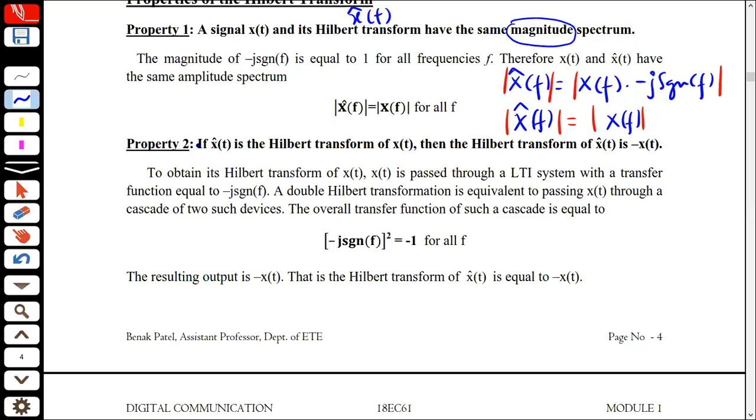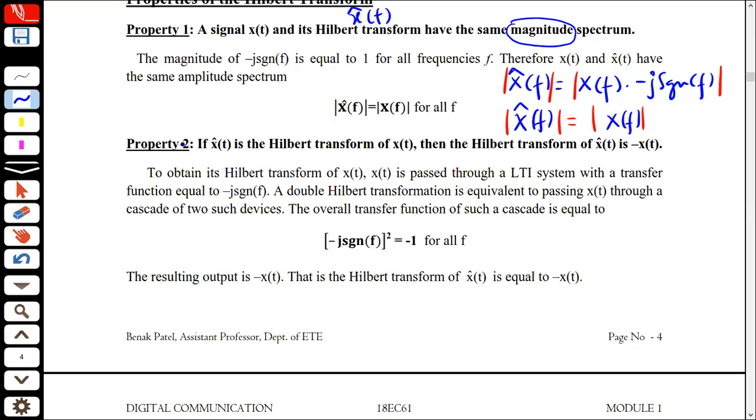Let's take up our second property. If x cap of t is the Hilbert transform of x of t, then the Hilbert transform of x cap of t is negative x of t.